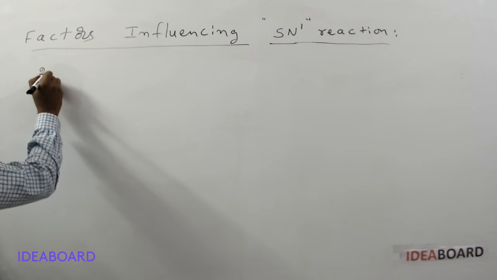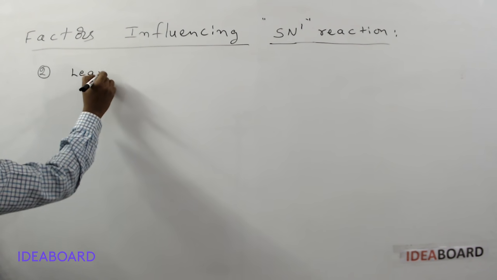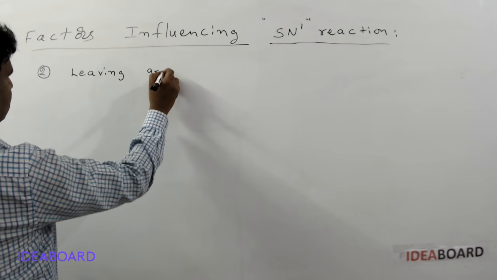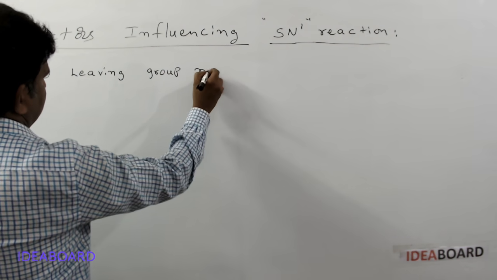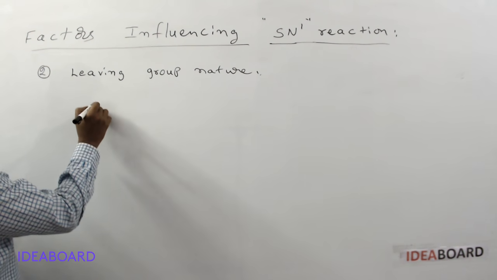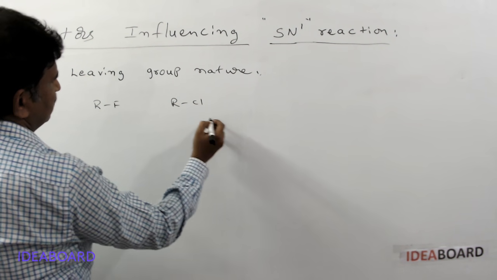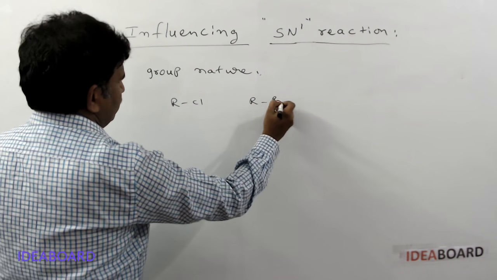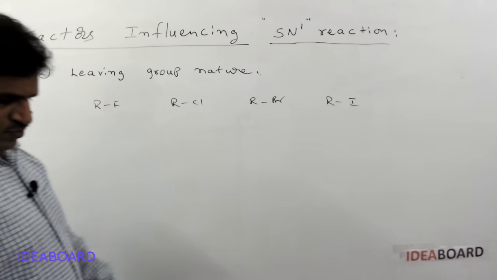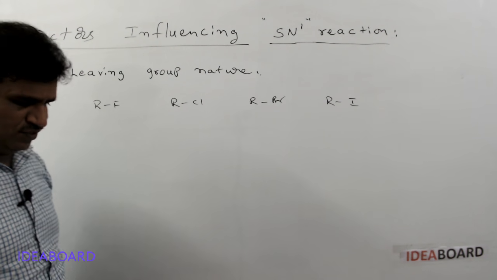Second point, leaving group nature. Suppose we have alkyl fluoride, alkyl chloride, alkyl bromide, alkyl iodide. Whatever it may be, the R group must be the same for all these four compounds.